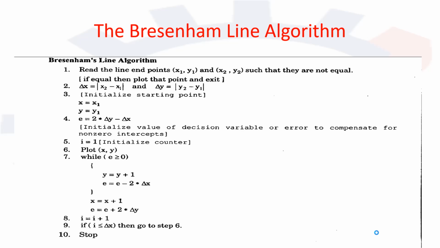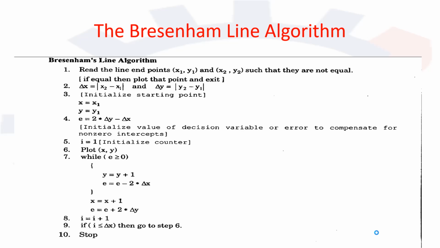If e is less than 0, that means the condition is false, then we select the lower pixel, and x is equal to x plus 1 and e is equal to e plus 2 multiplied by delta y.